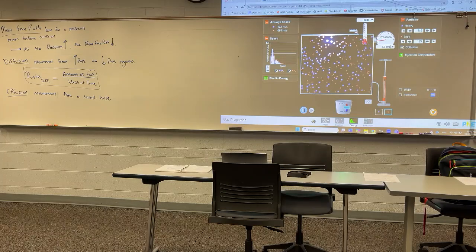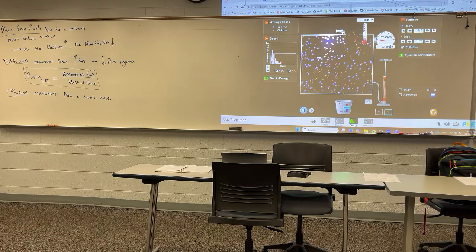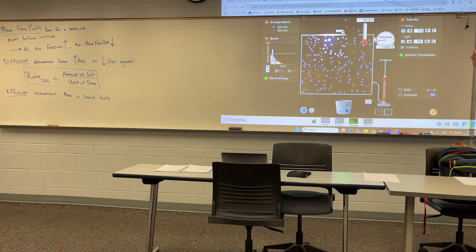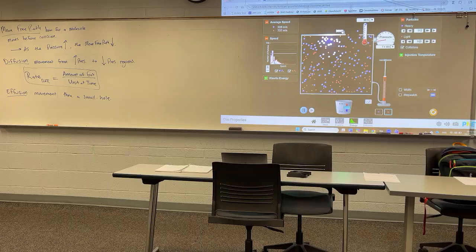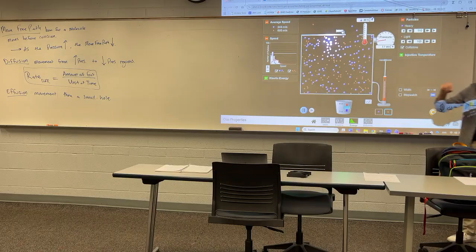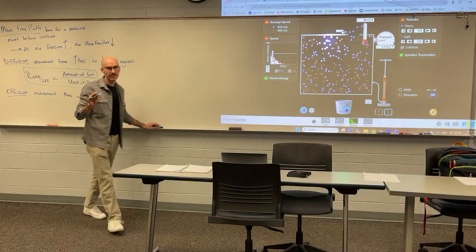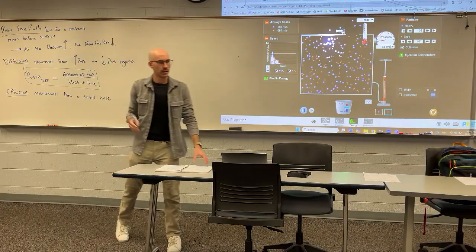All right, what I'm going to do is open this up to not be the entire lid off, but just a small hole, so that it's more similar to effusion than diffusion. But these two processes are very similar.